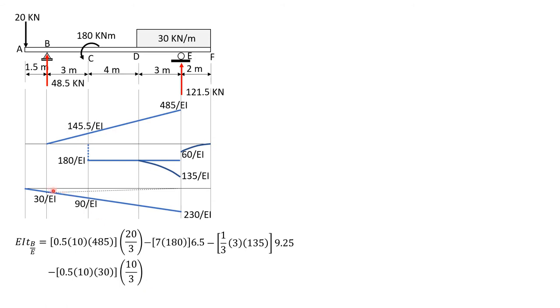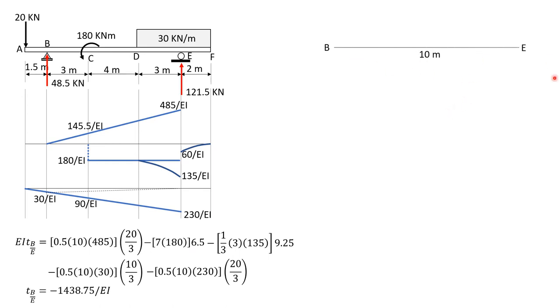Then lastly for the big triangle, minus 1/2 or 0.5 of 10 times 230 times 20 over 3. So solving for the deviation of B relative to the tangent at E, it is equal to negative 1,438.75. So that means point B is below the tangent at E.